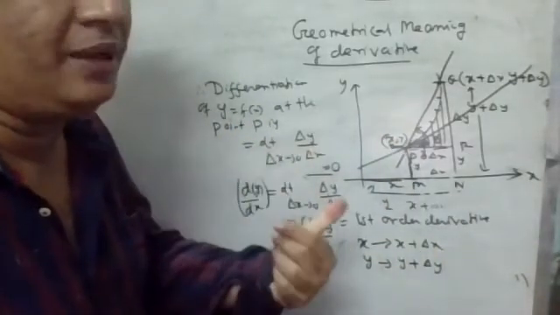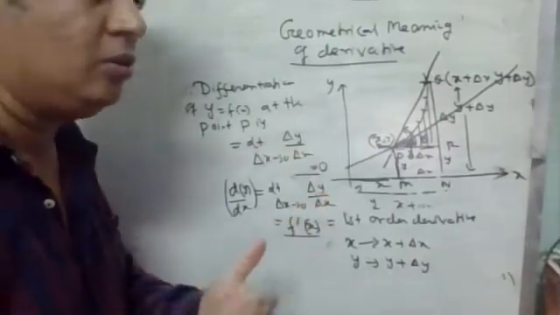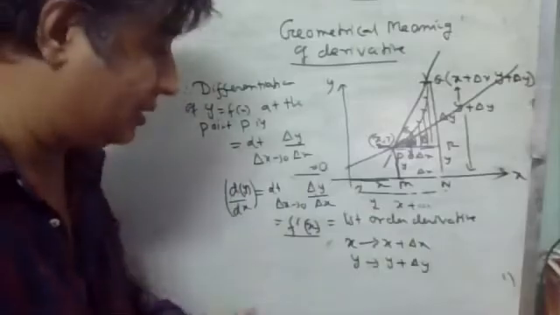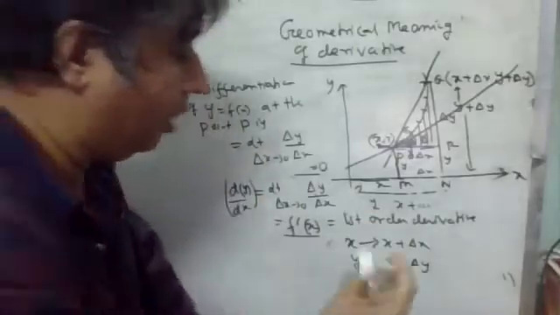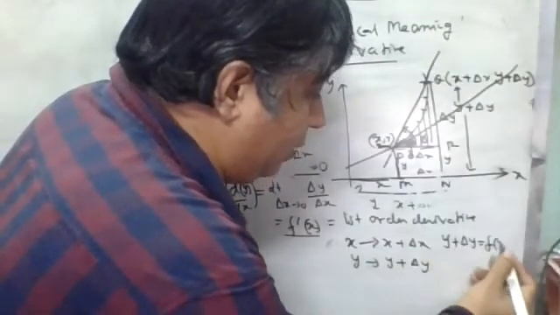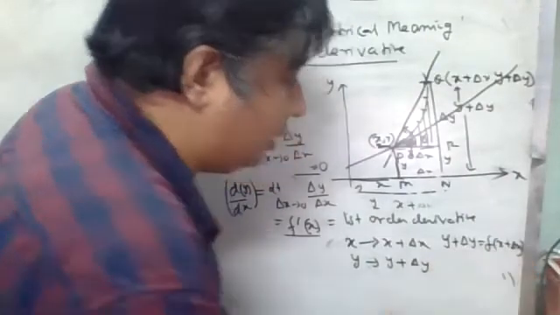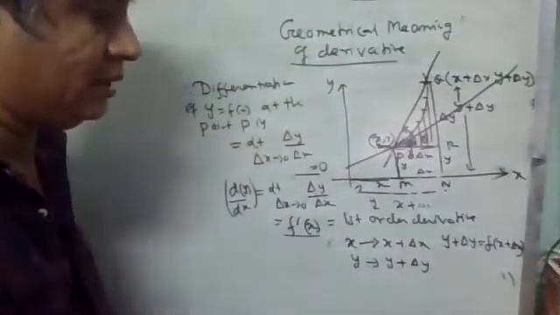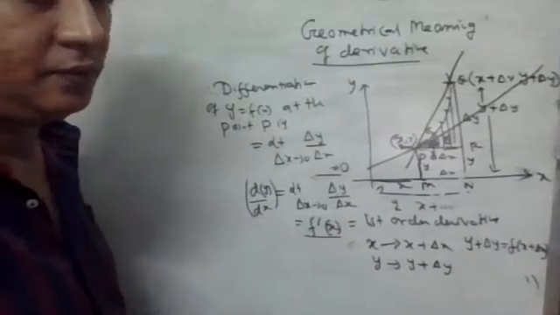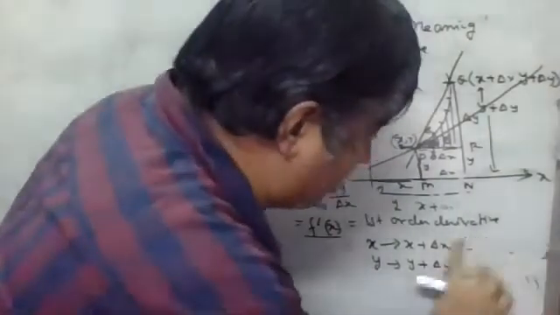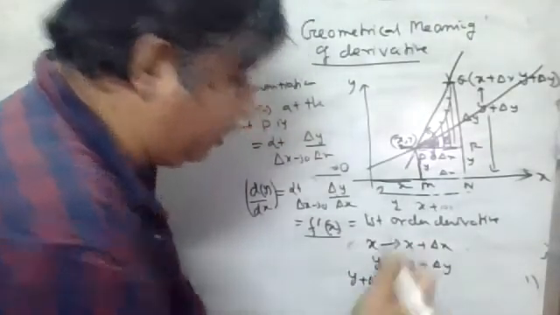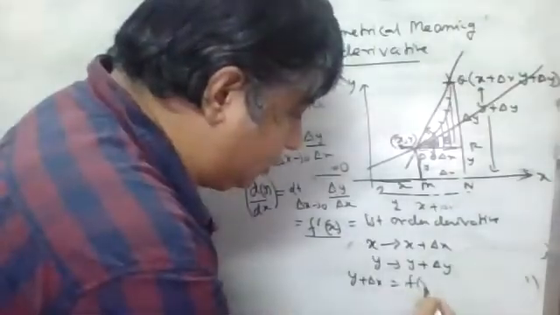If old marks are lesser than new marks, that means obviously improvement is done. See, we have got y plus delta y, a new equation in x. A new equation between output and input.